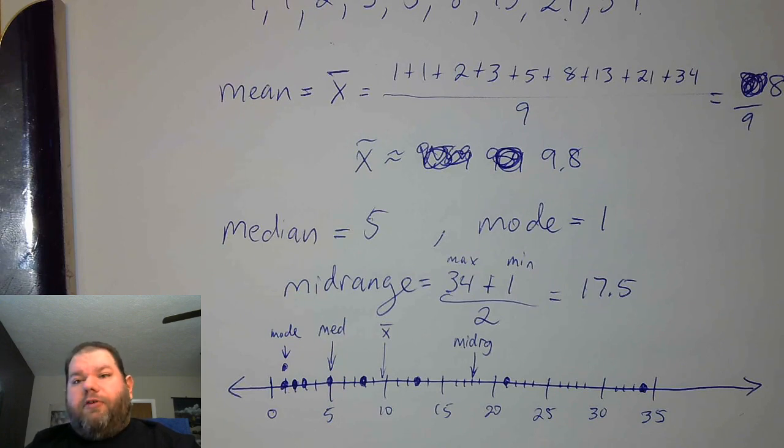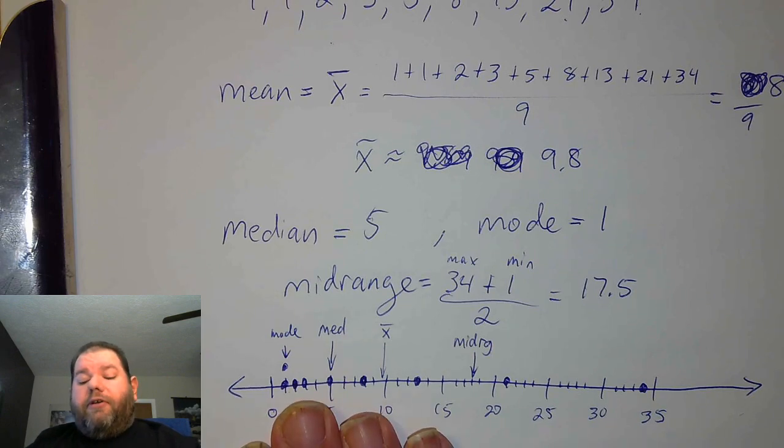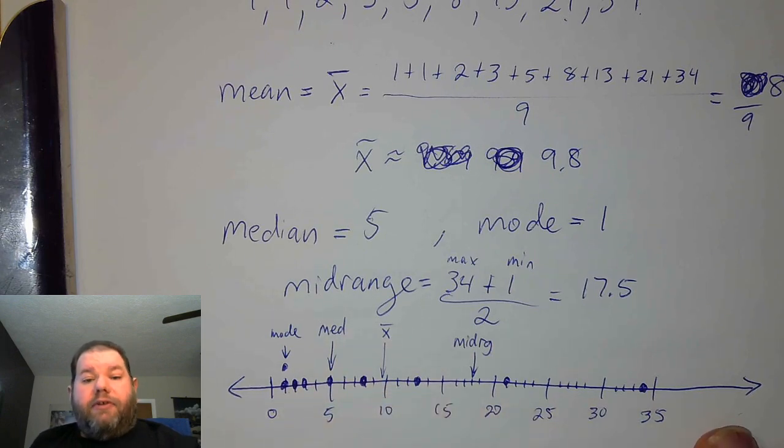Now remember, symmetric means most of our points are congregated in the middle, and it kind of tails off to both the left and the right side. That doesn't seem to be the case here. Most of our points are congregated on one side, and it tails off to the other side.